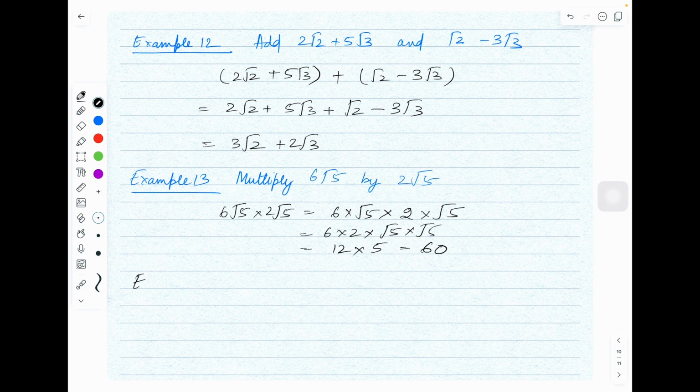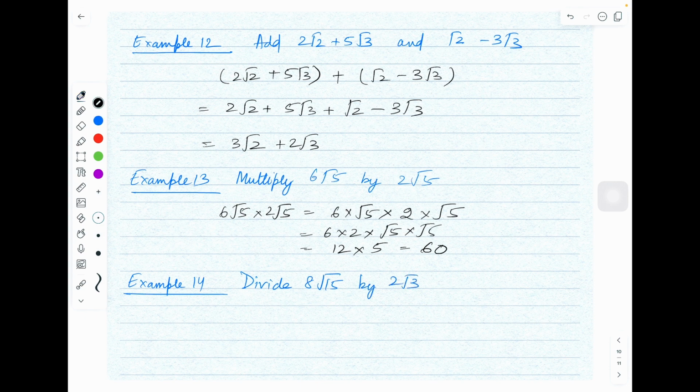Then example 14. What is example 14? Example 14 is divide 8 root 15 by 2 root 3.